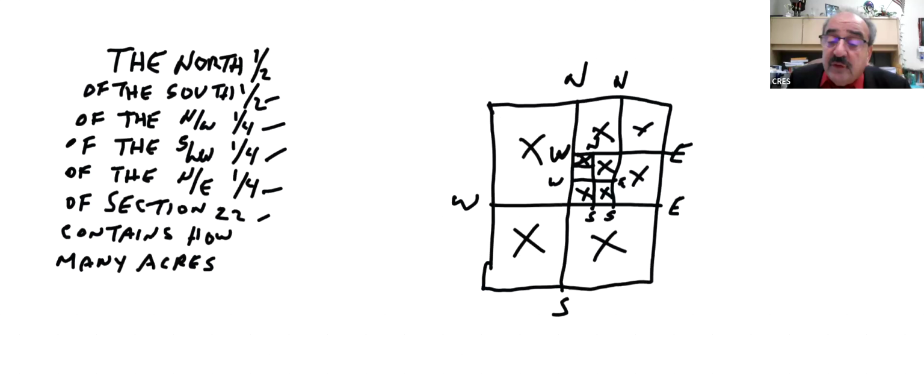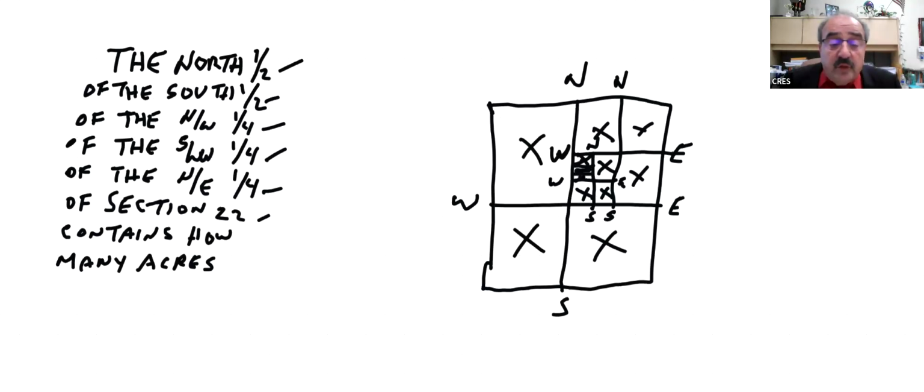So I'm going to split this in half again. Here I have a north half and a south half. I don't want the south, I want the north. Now I'm done. The parcel I just described does look exactly like this. But the question is, how many acres in this parcel of land? So every section has 640 acres.